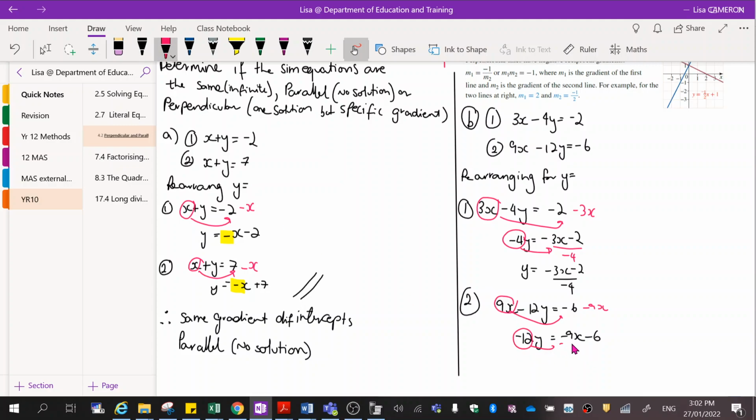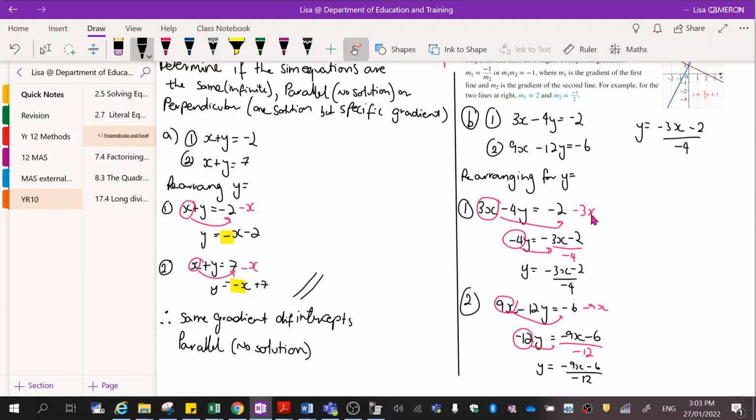Take the negative 12 to the other side by dividing everything. Okay, and now I can see that everything there has a factor of 3. So I'm going to divide all of the terms here by 3 to get y is equal to negative 3x minus 2 over negative 4.